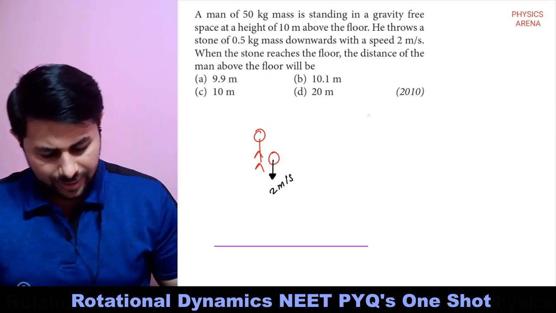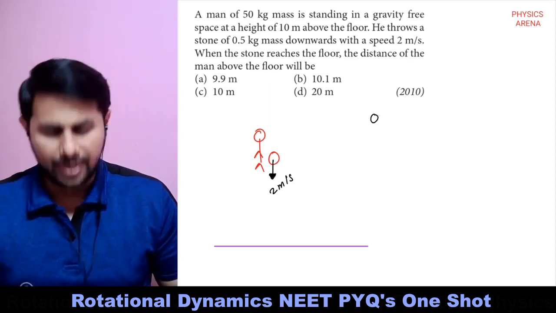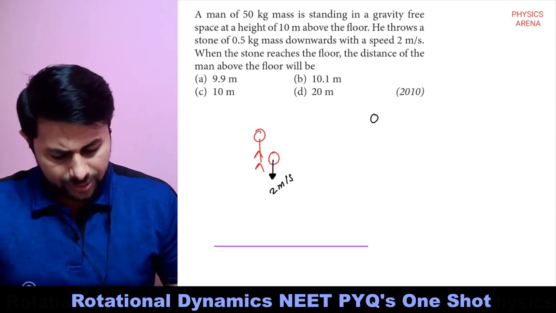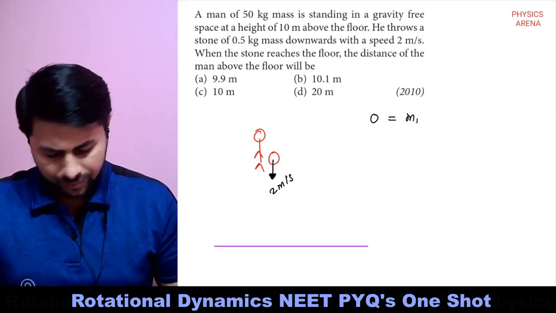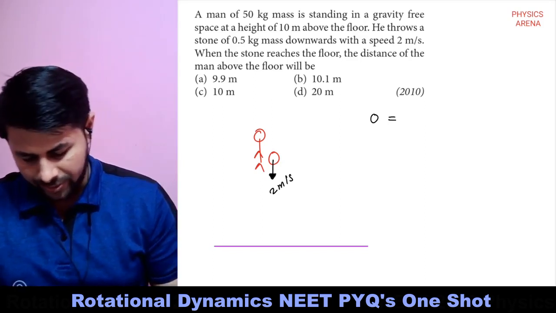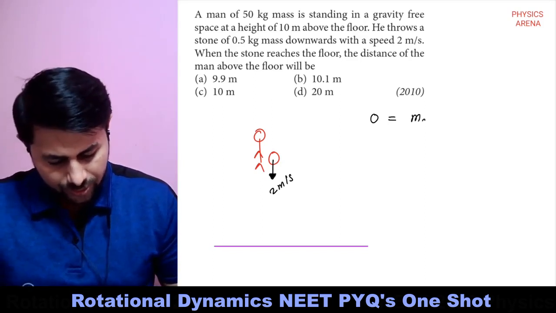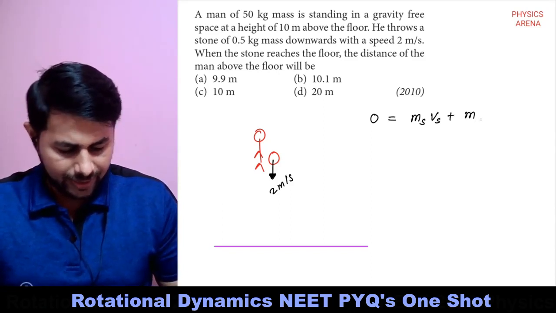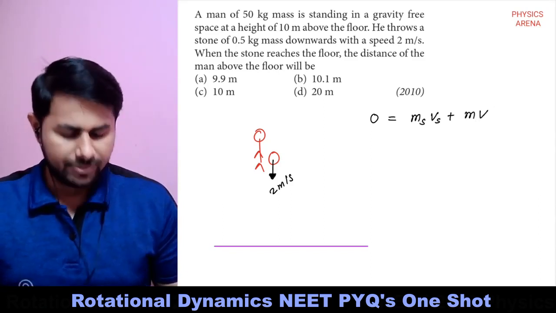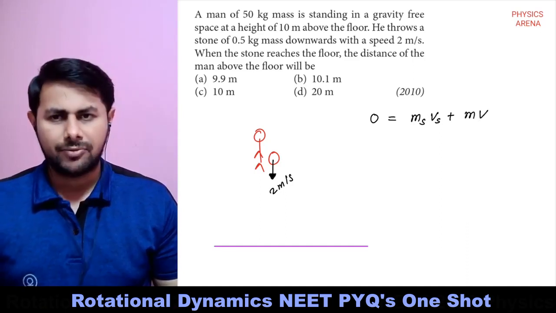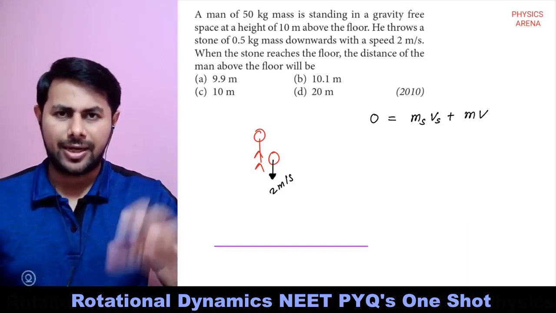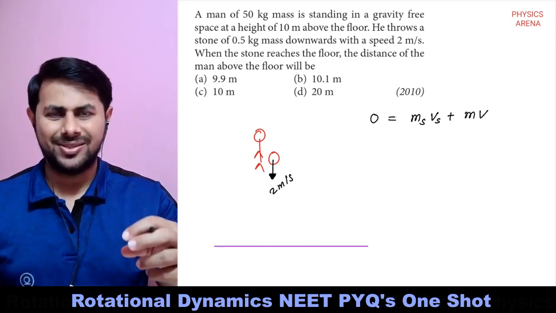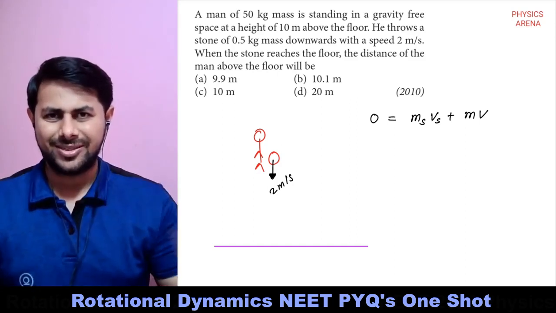So we can say initial velocity was 0, m1 u1 plus m2 u2 is equal to 0. So let's call them man and stone. Mass of stone times velocity of stone plus mass of man, let's call it m only, times his velocity is equal to 0, because initially the man was holding the stone and he is in gravity-free space, so he's floating at that point.